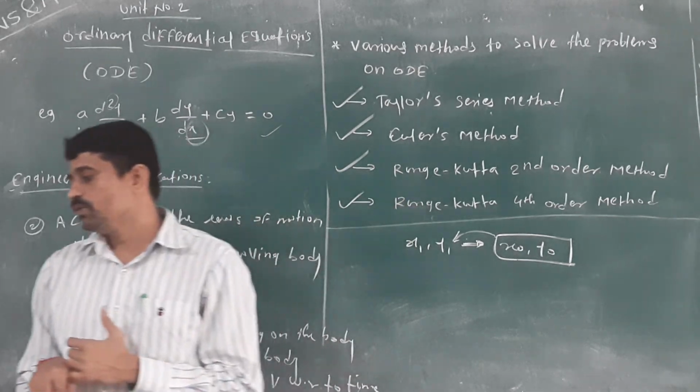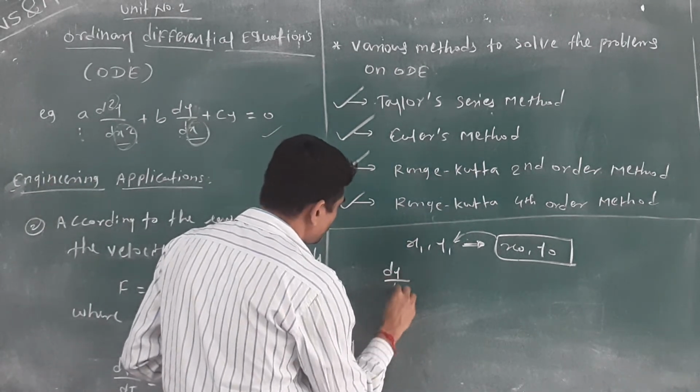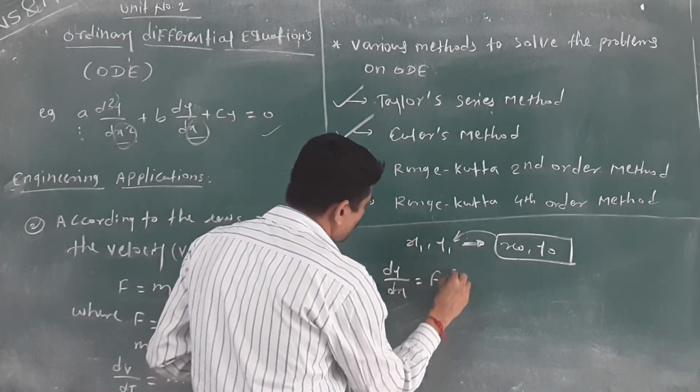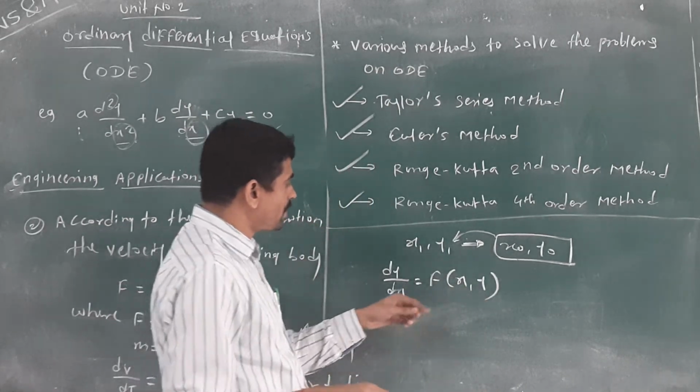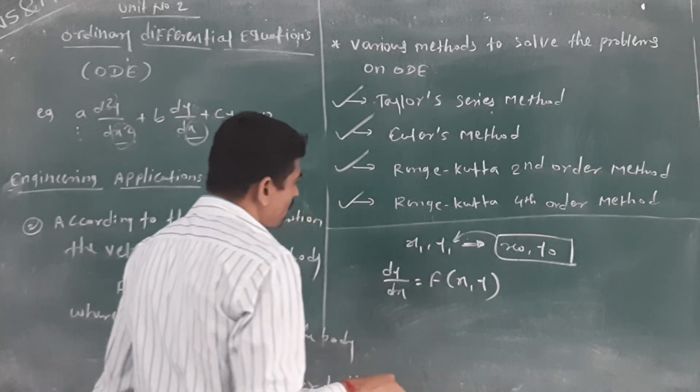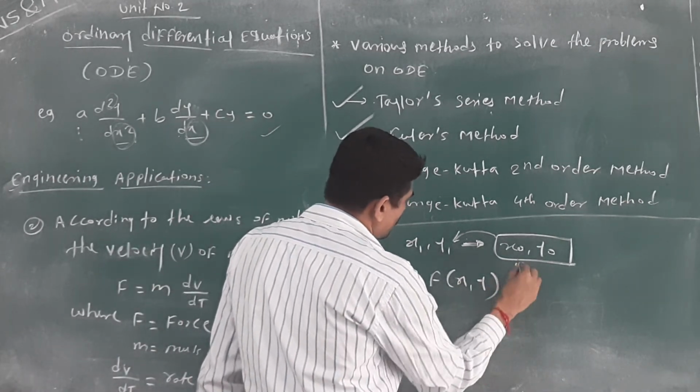We know the equation dy by dx is equal to f of x, y. Then we want to find out the f of x, y value. How to calculate that value?